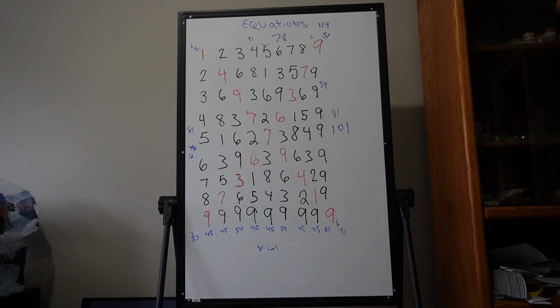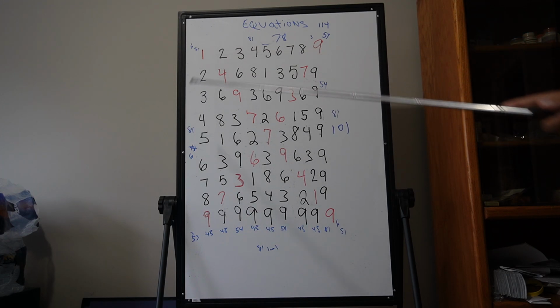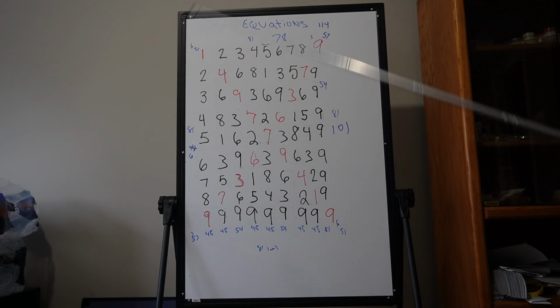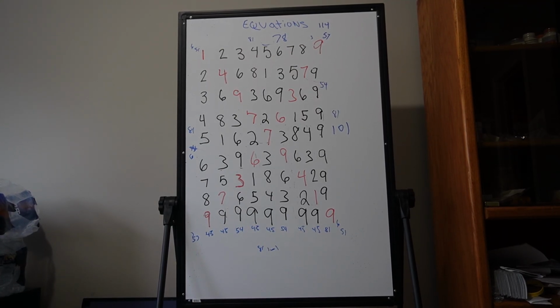For he begets not, nor is he begotten, and there is none like unto him. One times one times one times one times one times one equals one.